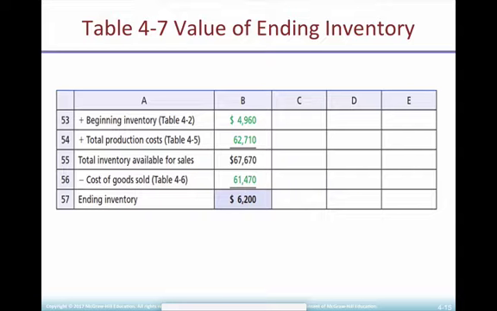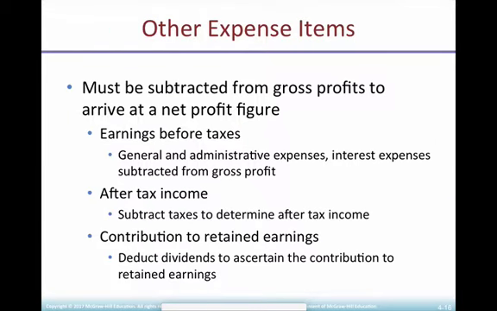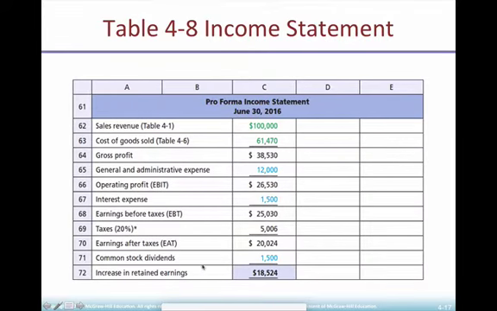So up to this point, we followed all the elements of the pro forma income statement, the ones that we had to calculate, and then we have to fill in and subtract all the other expenses to finalize the income statement. Meaning we have to subtract the general and administrative expenses, interest expenses, and taxes, and payment of dividends to the shareholders. And this is what we have here.